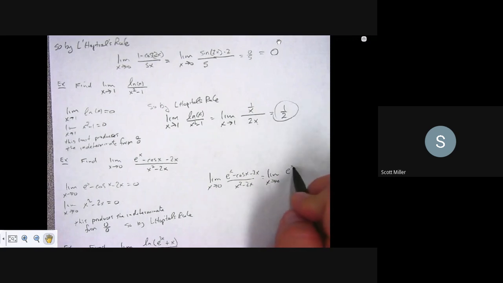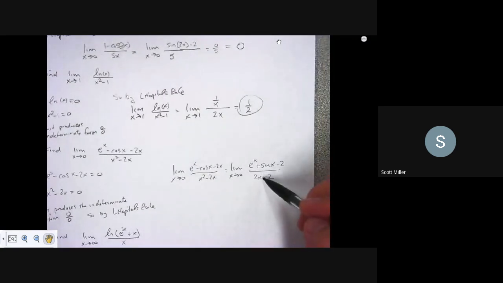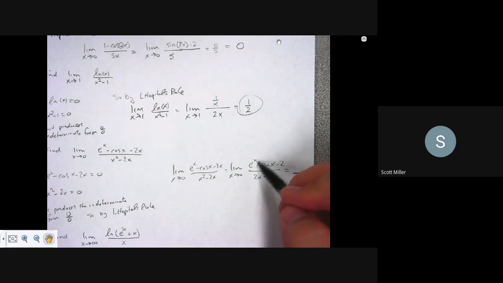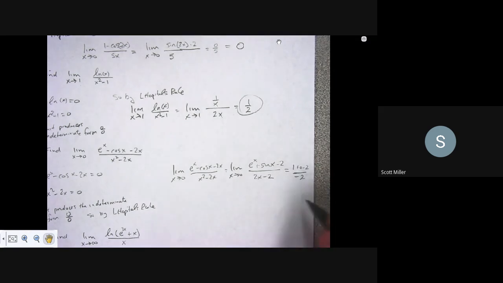This will be e to the x plus the sine of x minus 2 over 2x minus 2. Now look what happens as I plug in 0 again. I'm going to plug in 0 in here, so the bottom is going to be negative 2, and the top is going to be e to the 0 is 1. The sine of 0 is 0 minus 2, and you end up getting a 1/2.